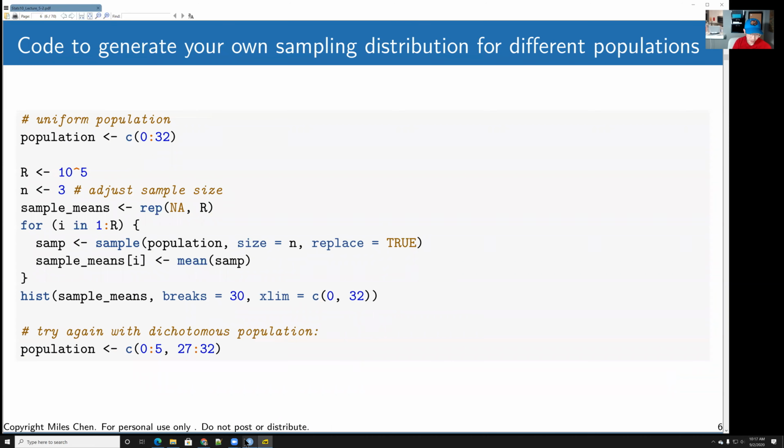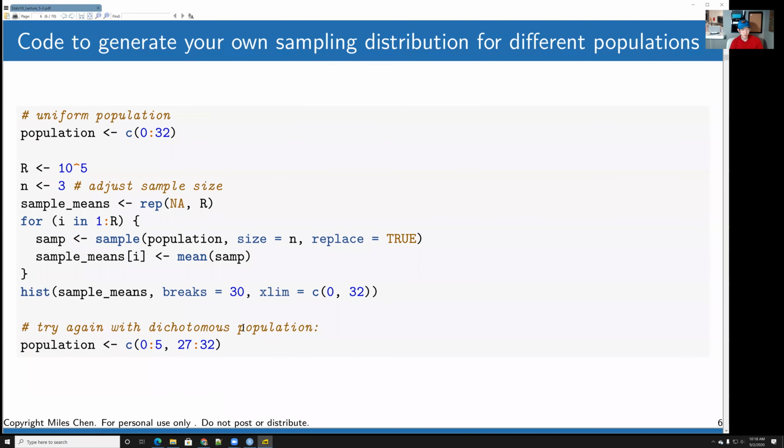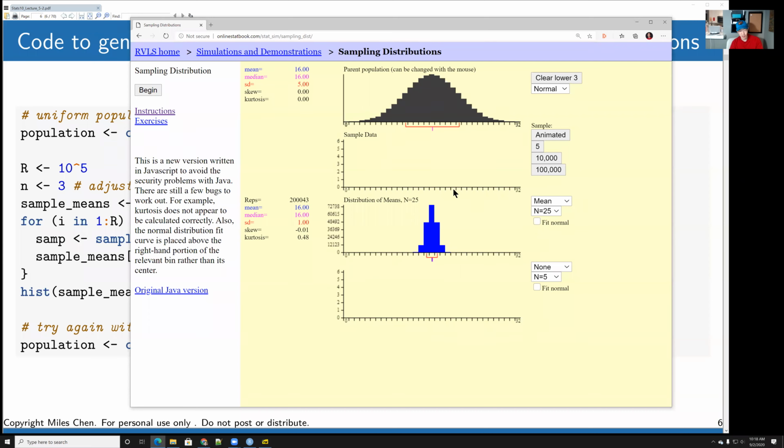All right. So I can run some code here to do the same kind of thing, except I'm not going to use the app here.